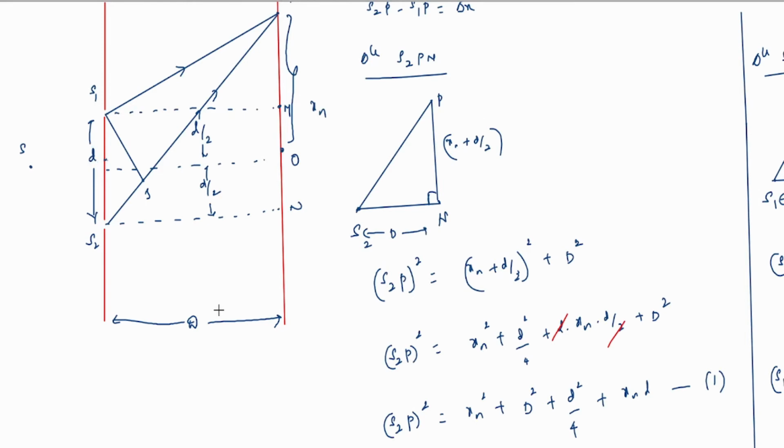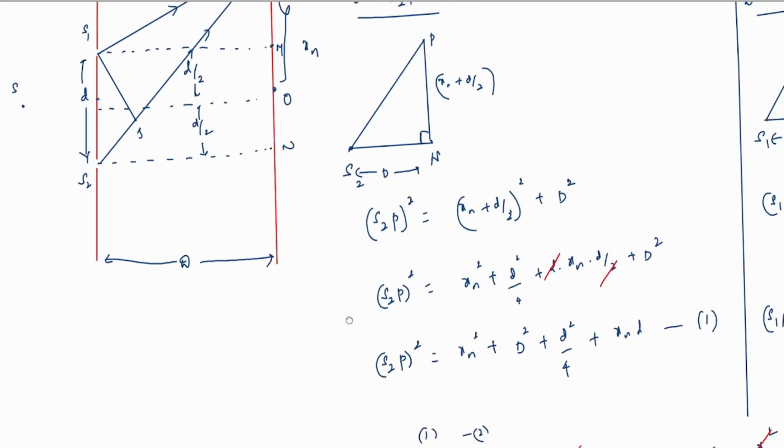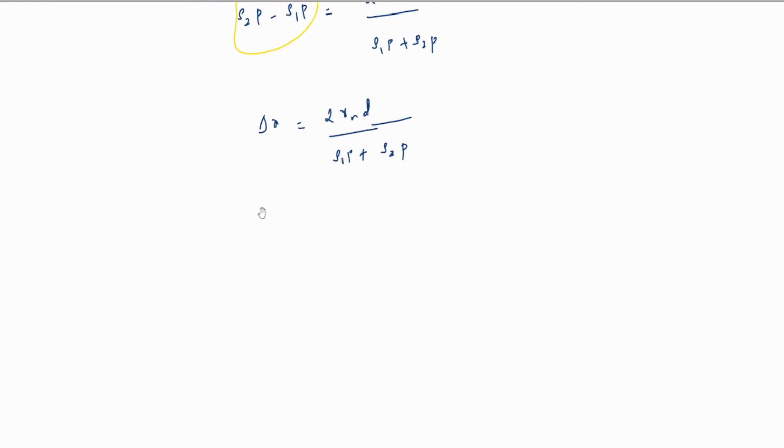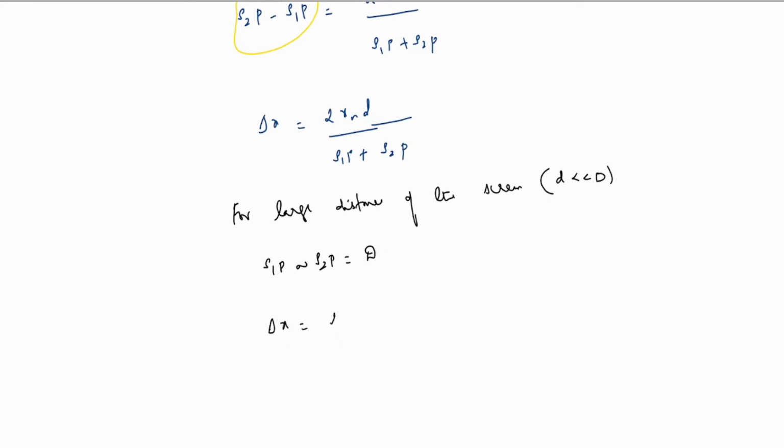Therefore, for a very large distance of the screen, in other words, small d is very much less than capital D, S1P is almost the same as S2P, that is the same as capital D. Therefore, the path difference is equal to 2 times xn small d by 2D.